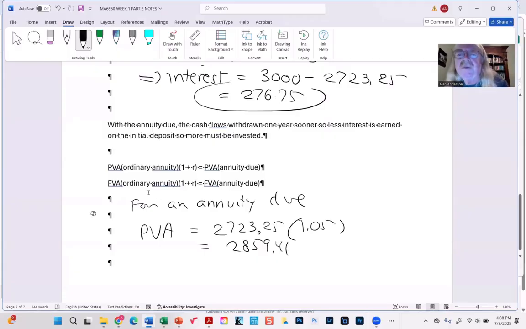So that's how much more we would have to save if we needed to start withdrawing the money a year sooner, meaning today.